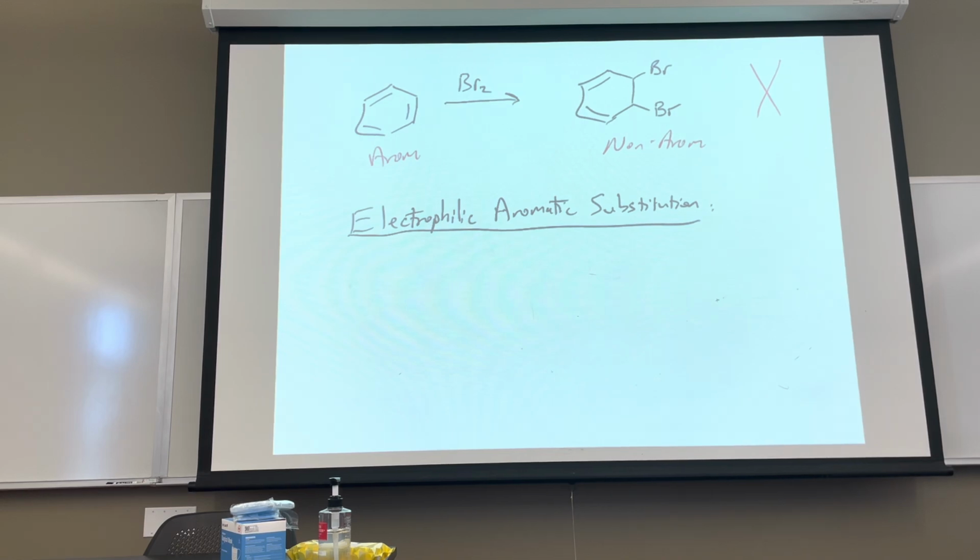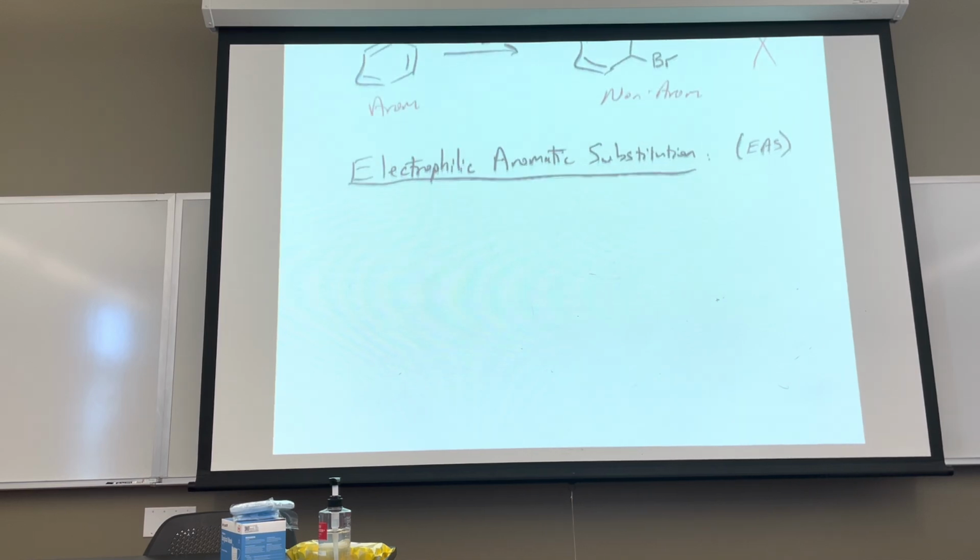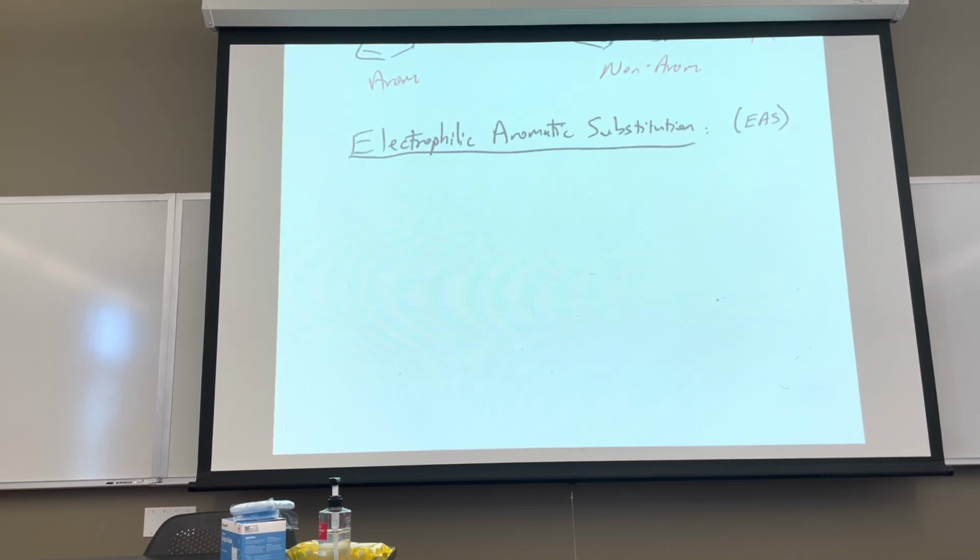A lot of times you'll just see this abbreviated EAS. So what I'm going to do is show you a generic mechanism, and then we'll look at some specific reactions you can do with it. All of these reactions are going to follow this same generic mechanism. And you're going to start with the benzene.